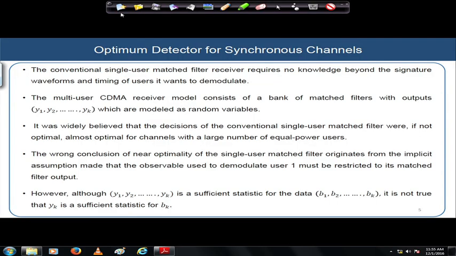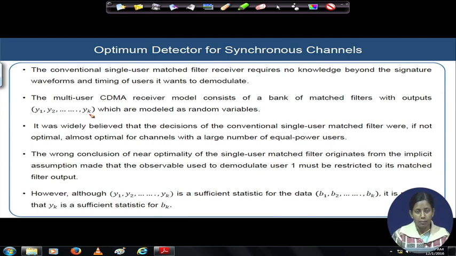In a multi-user CDMA receiver, this model is extended to the bank of matched filters. So, you need the bank of outputs of the matched filters, which are modeled as random variables.